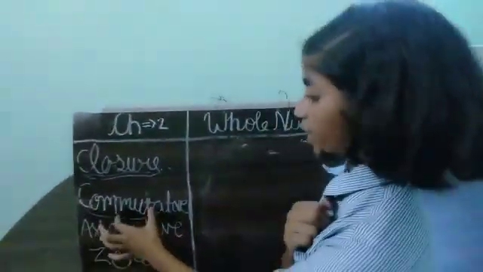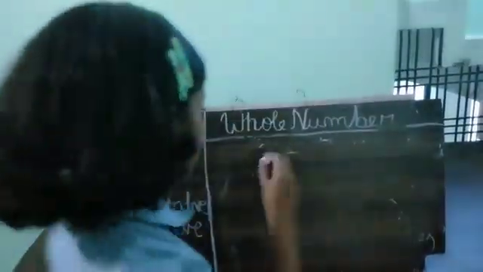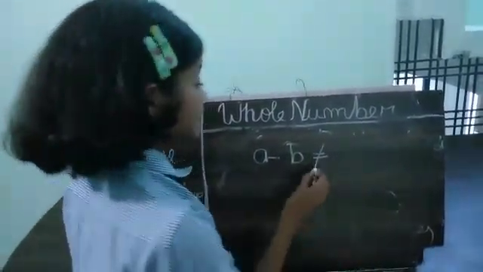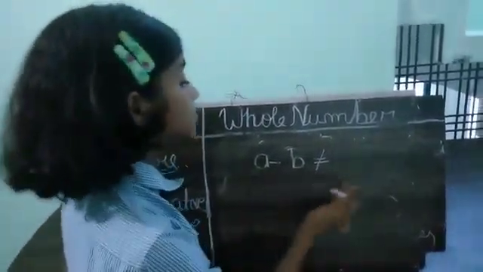Second, commutative property. If a and b are 2 whole numbers, then a minus b is not equal to b minus a. Here you can see this is the sign of unequal, meaning not equal.